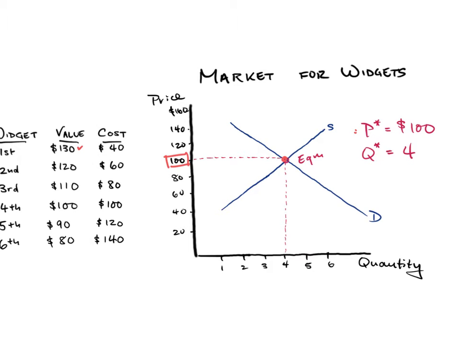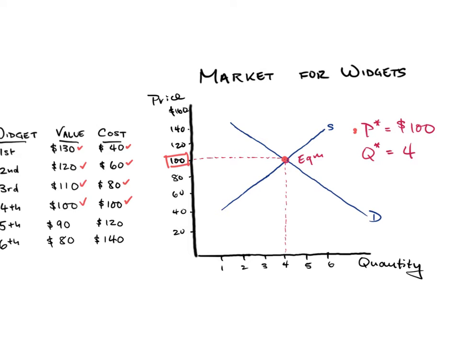Person with a value of 130, 120, 110, 100. And if the price were $100, there'd be 4 firms willing to supply widgets. Yeah? So at a price of $100, there'd be 4 widgets demanded and 4 widgets supplied. And so that's the equilibrium quantity.